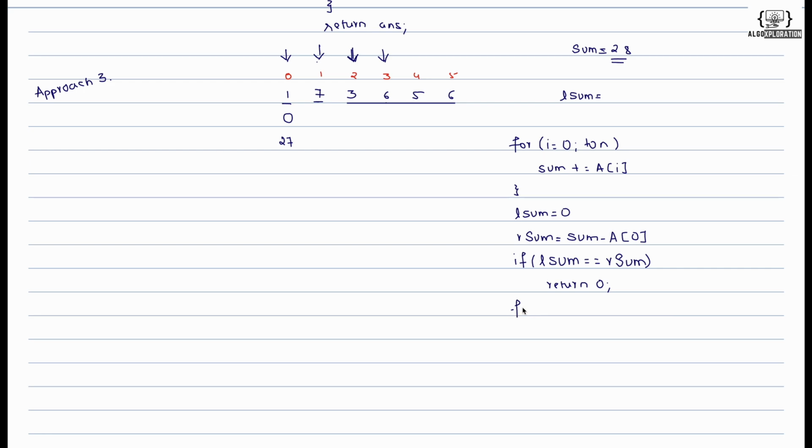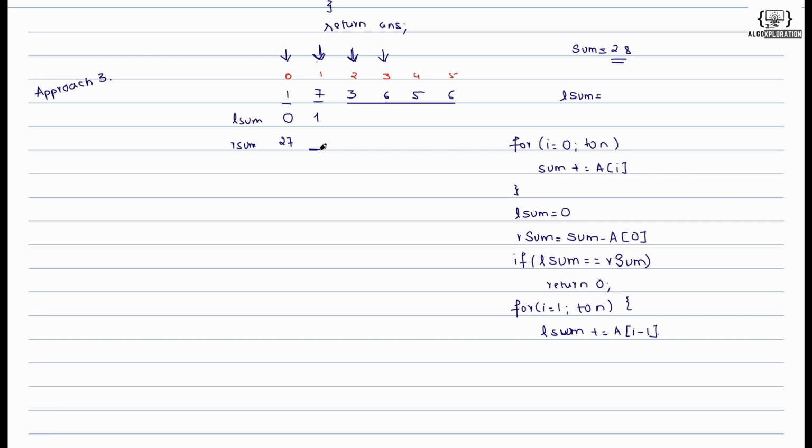Now using the for loop, I will be running from 1 till n, and my left sum is nothing but I'm adding a of i minus 1 to my left sum. So if I'm standing here, left sum is 0 plus 1, that will be 1.